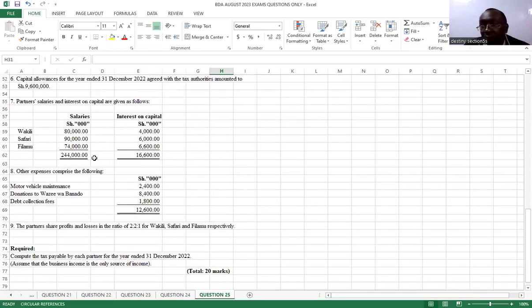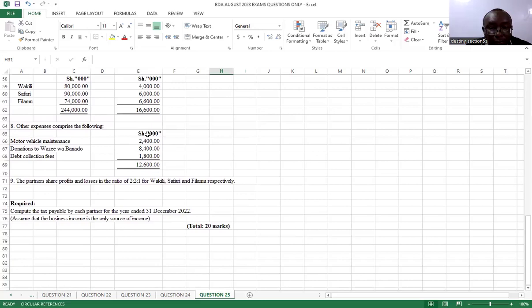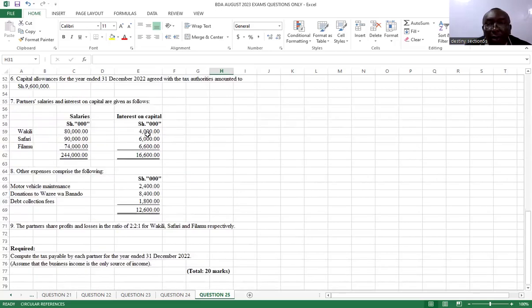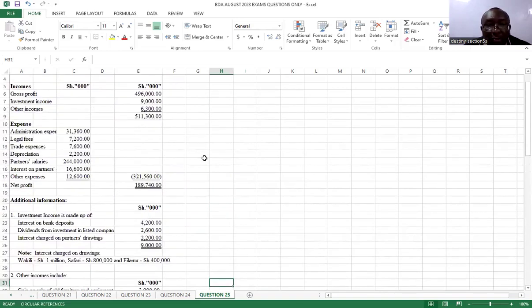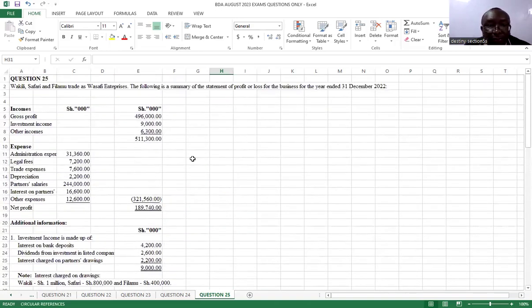Number 9, the partners share profit and loss in the ratio 2:1 for Wakili, Safari, and Filamu respectively. Required, compute the tax payable by each partner for the year ended 31st December 2022. Assume that the business income is the only source of income. Okay, thank you. That's good. So we can make that presentation.